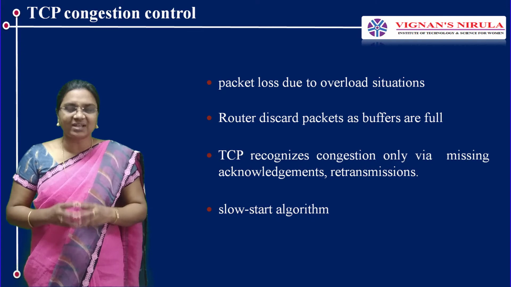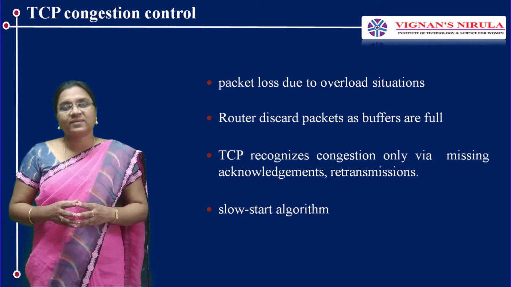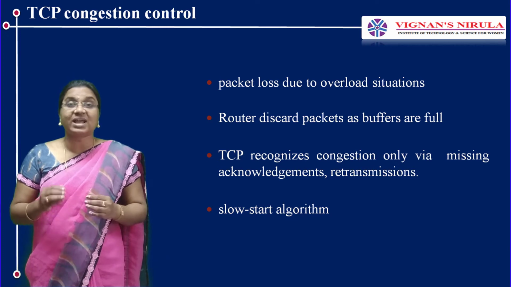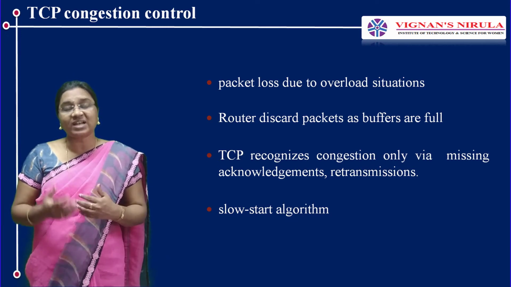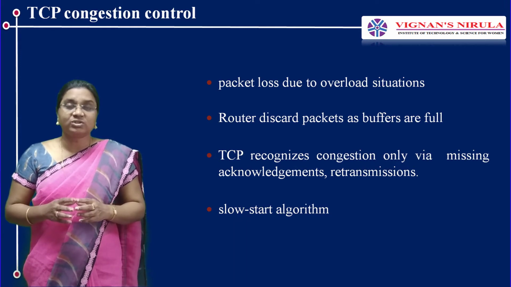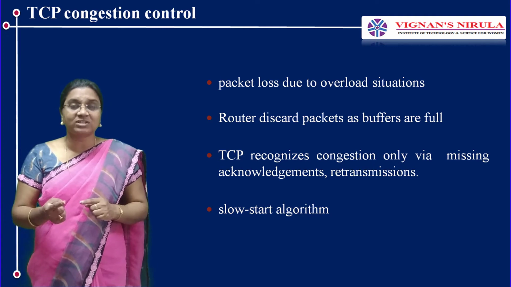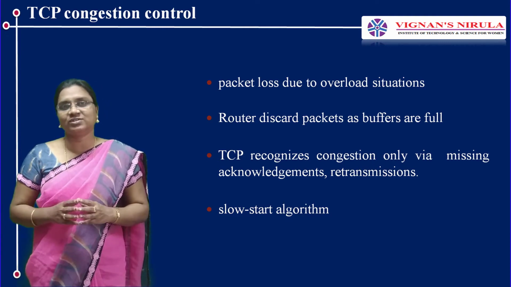But in a wireless network, there are a lot of factors impacting the packets. That means there are many different reasons behind packet loss. So TCP first has to find out the reason behind the packet loss, and then start the solution.